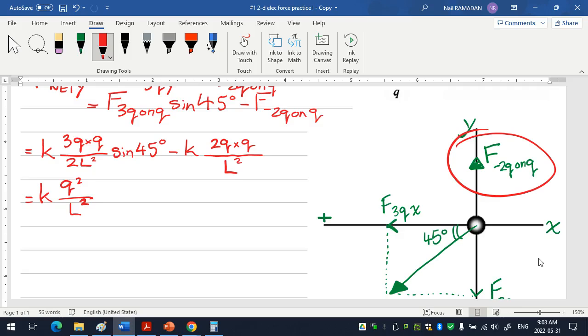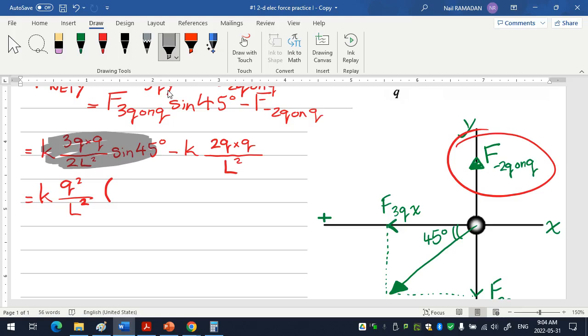Okay, what survives? Can someone tell me what survives from this one? The 3 times sine of 45 divided by 2. What's the good news about cosine of 45 and sine of 45? It's the only angle with the same sine and cosine. By the way, that's why the tangent of 45 is just what? Tangent of 45 is sine over cosine of 45.